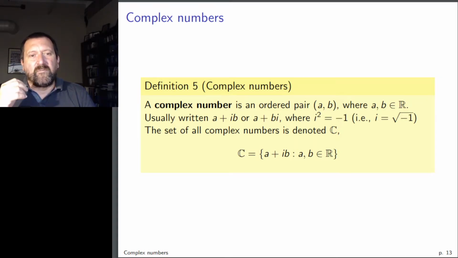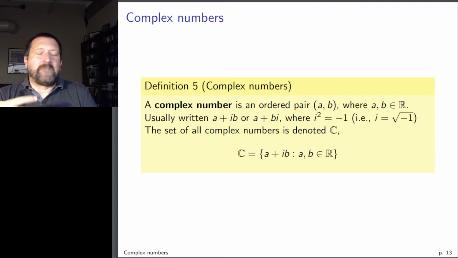A complex number is a very simple thing. It's defined in the following way. You take an ordered pair (a, b) of real numbers, and you write a plus ib or a plus bi, where you take i to be the number such that its square is equal to -1, or i is the square root of -1.